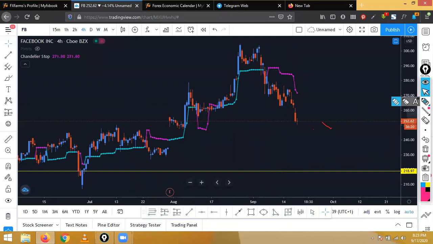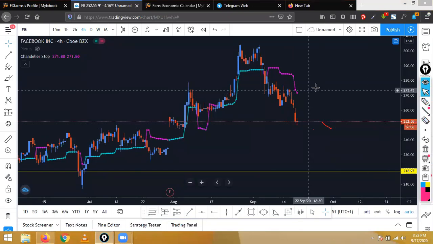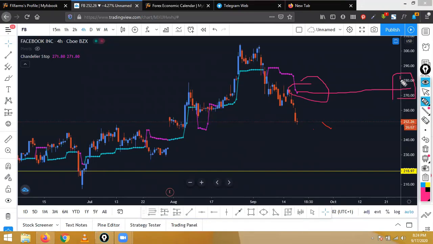So as a swing trader, it's expected that you'll be selling this pair with the trade setup you have now. So this other price here will be your trail stop price, around the 270 to 280. So you place your trailing stop around this price level.